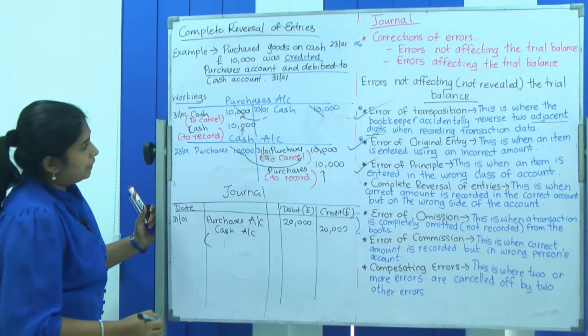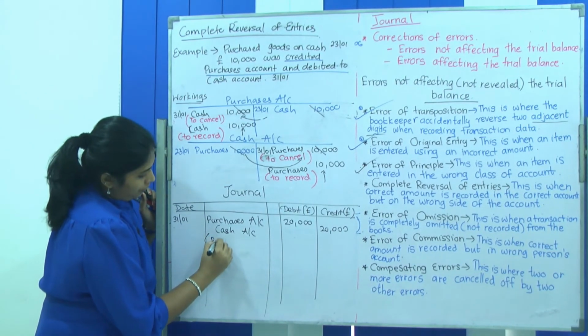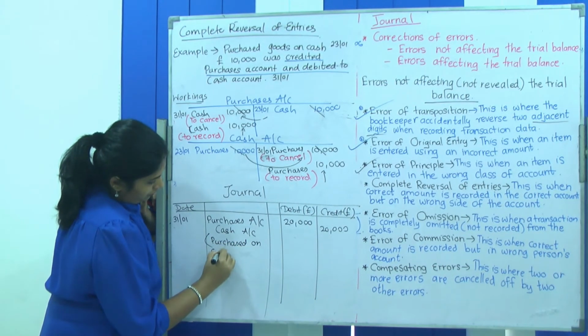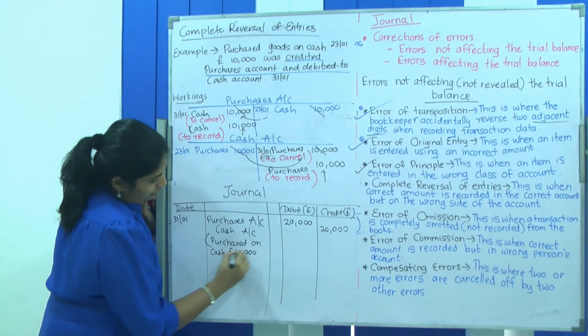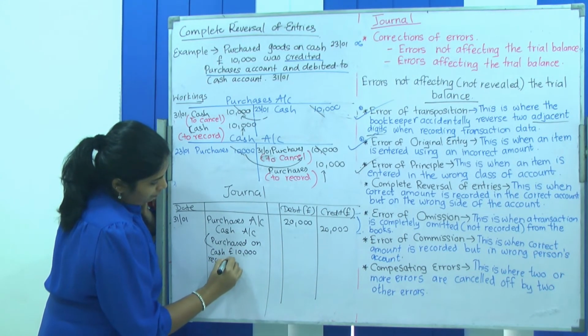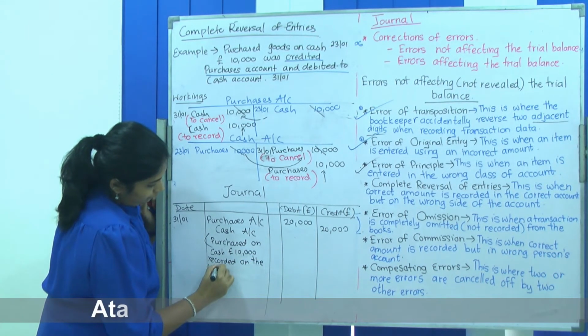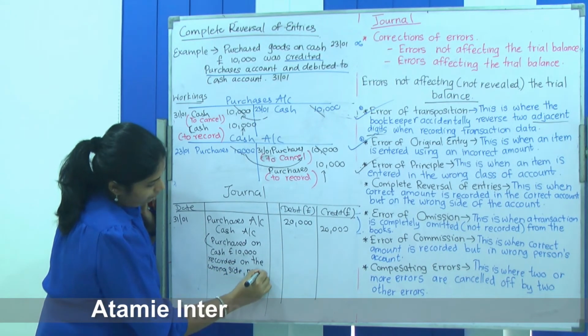So the narrative will be: purchase of goods on cash, 10,000 recorded on the wrong side, now corrected.